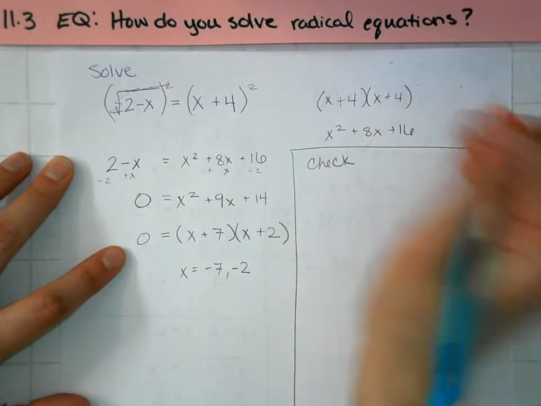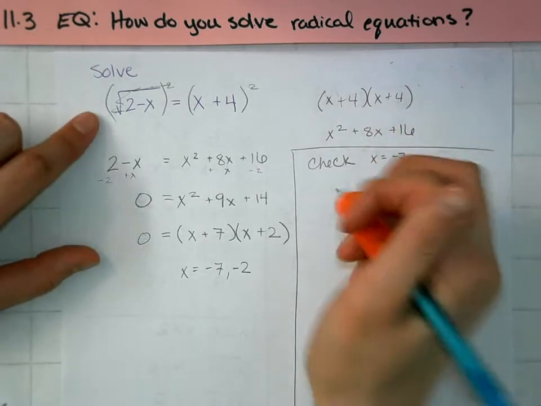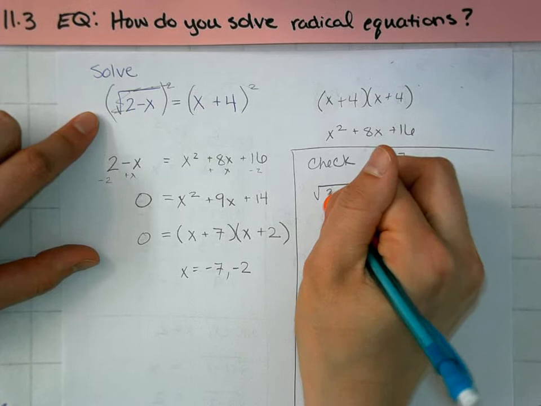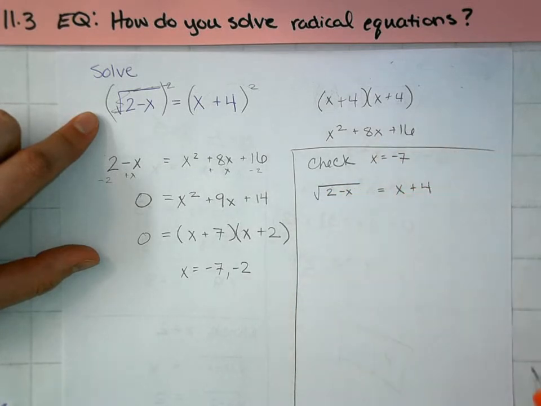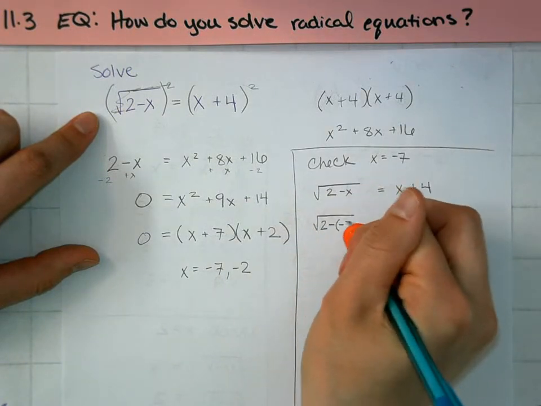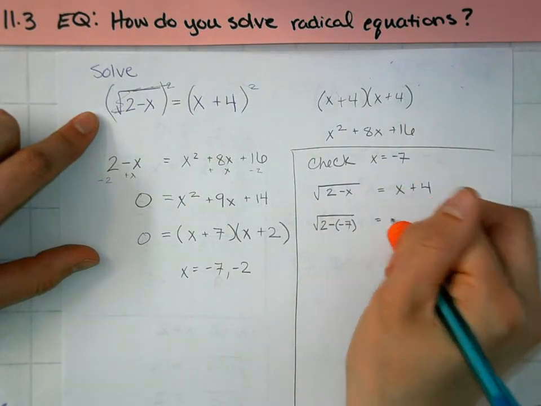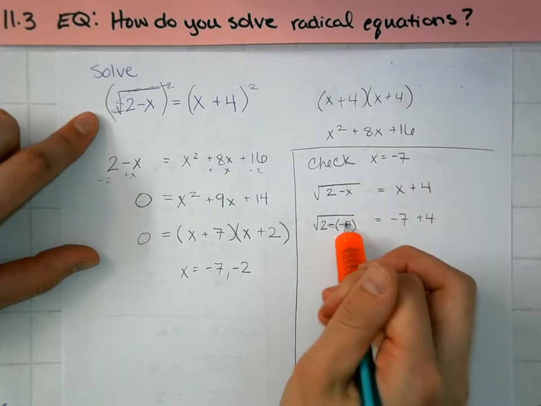I'm going to start by checking -7 into the original equation. Notice inside that square root I have minus a negative.